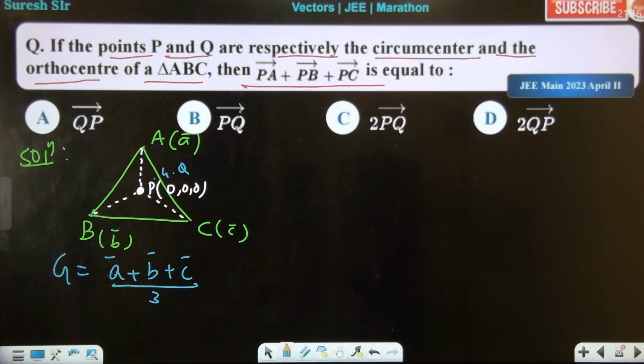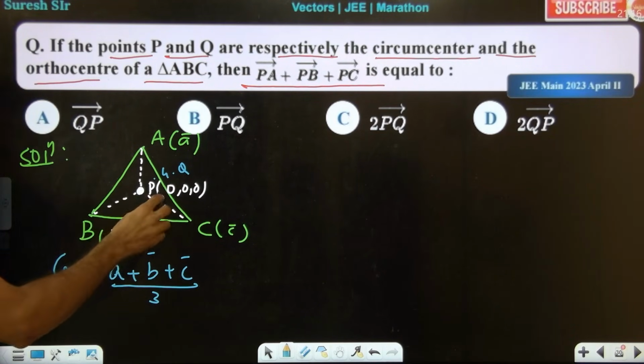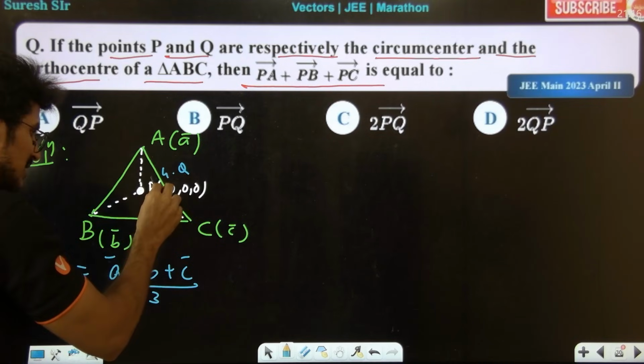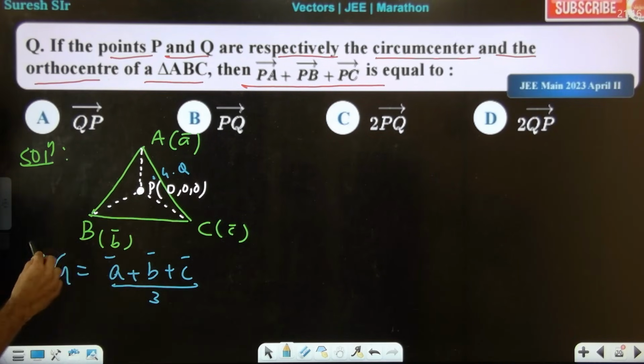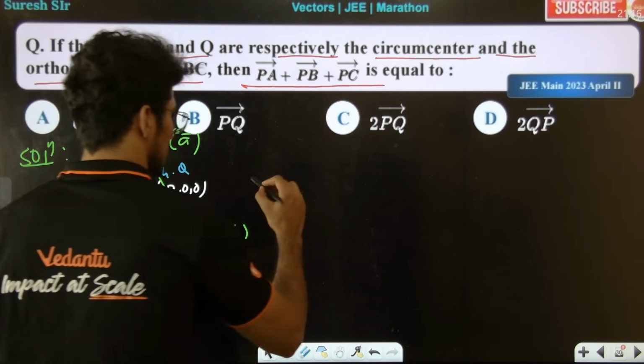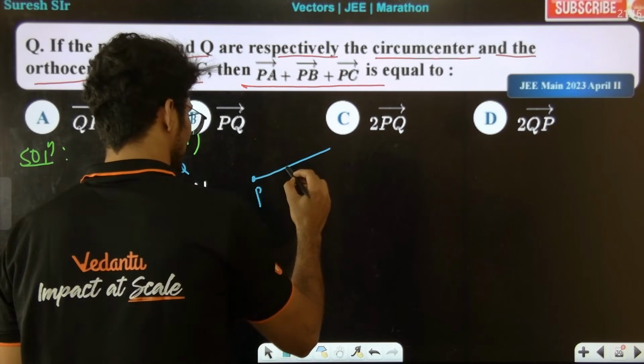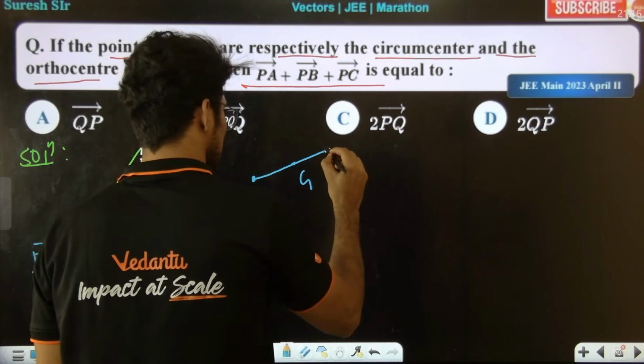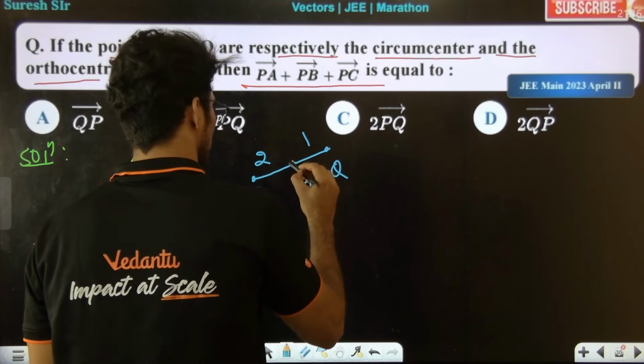This is PG basically, and G is here. Now, P, G and this Q are in what ratio?